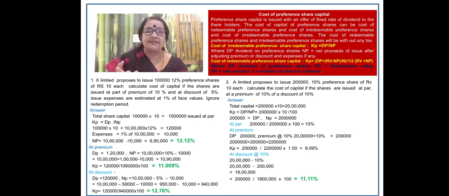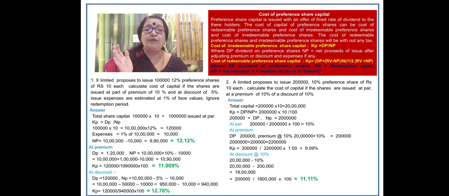It may be said as 10% preference share capital, or 12%, or 8% preference share capital. That specified percentage will be given to the preference shareholders every year.